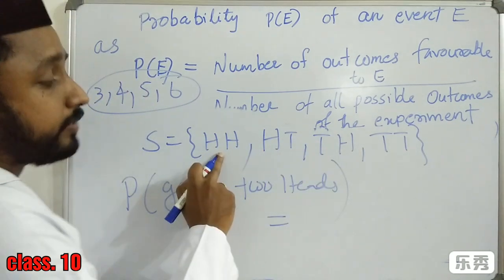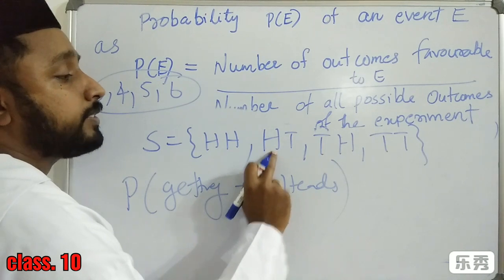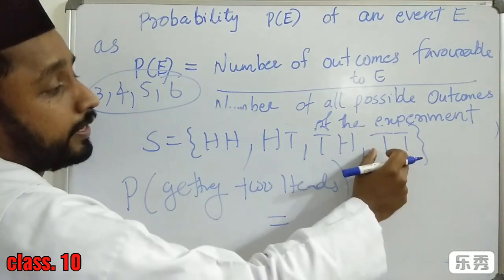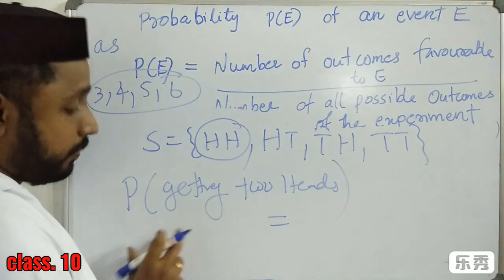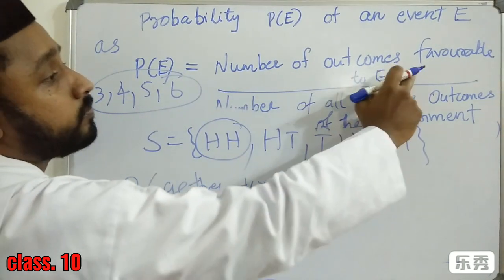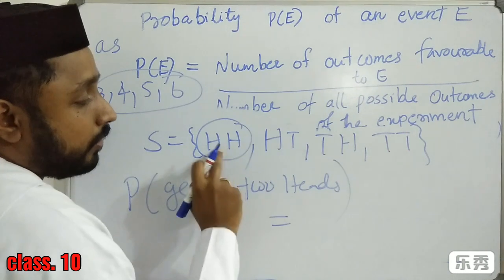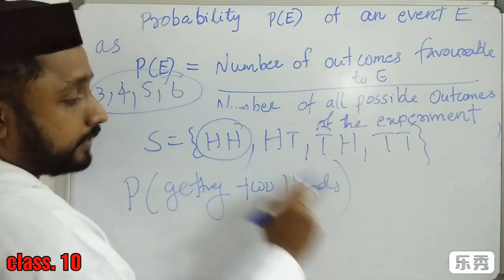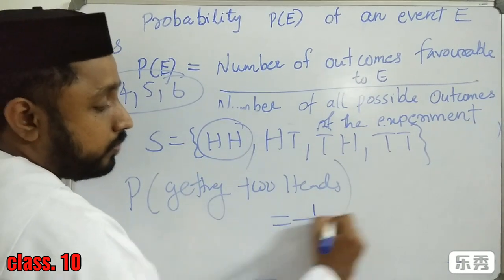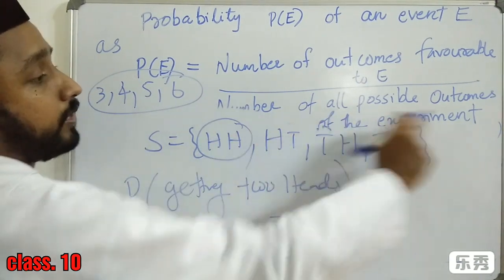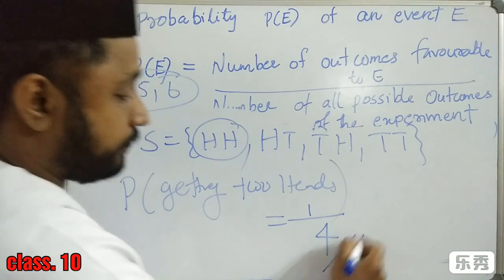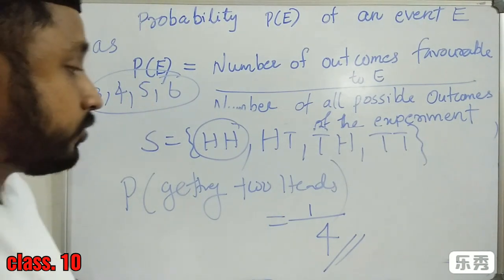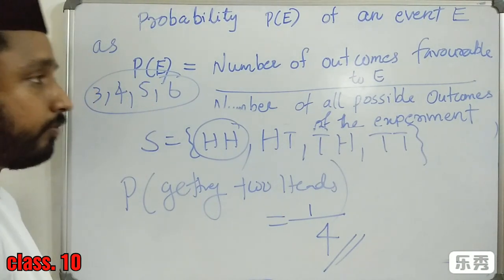Here 2 heads come, here only 1 head, here only 1 head, here no heads. So only one time 2 heads come. So the number of favorable outcomes is 1, divided by the total number of outcomes, 1, 2, 3, 4. So 1 by 4. So the probability of getting 2 heads is equal to 1 by 4.